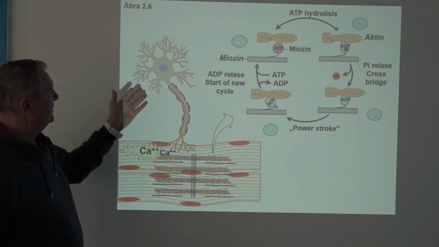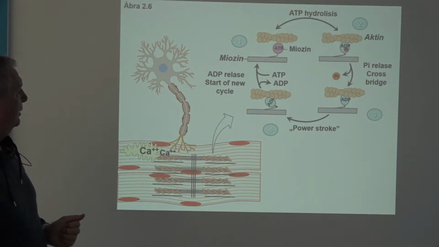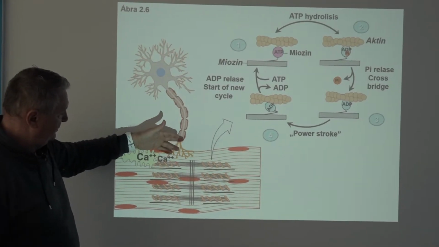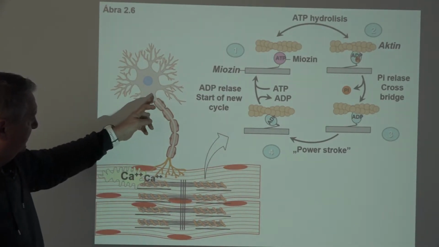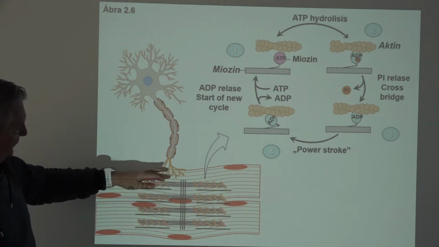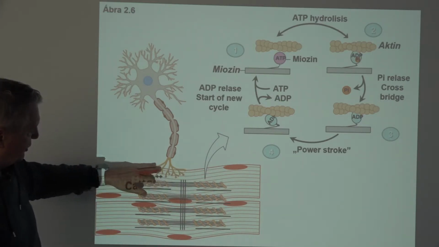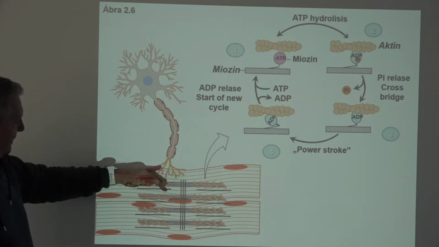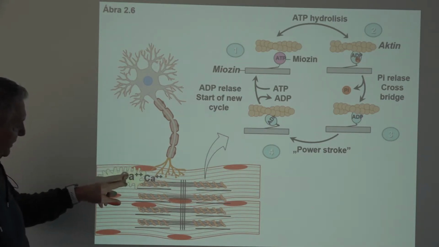slide. We can see here a neuron which is located in the spinal cord, innervates the muscle. We have a myelin sheath here. We have a jumping action potential coming, and if the action potential is strong enough, then we have depolarization of the membrane of the muscle, and as a result, calcium will release from the sarcoplasmic reticulum.